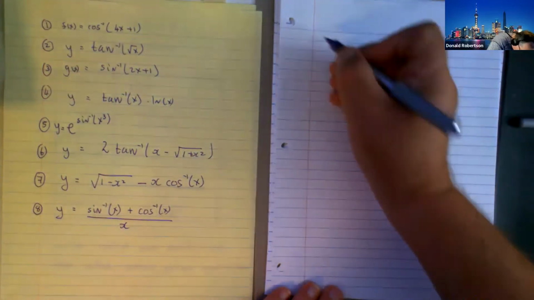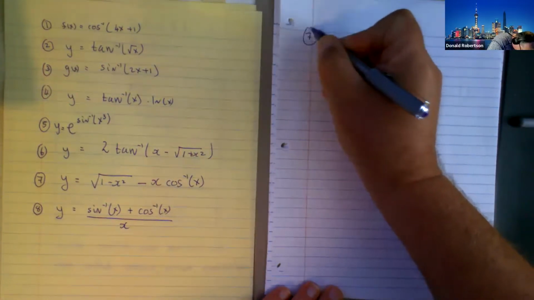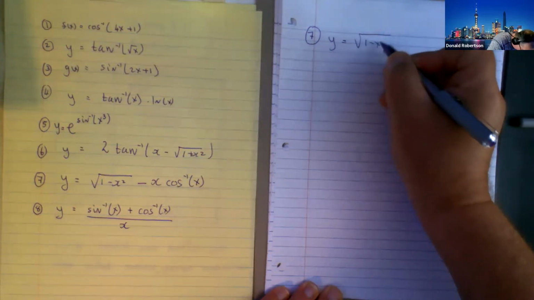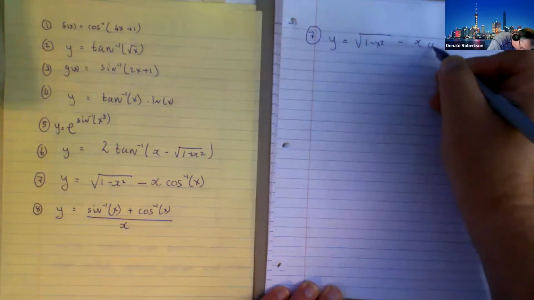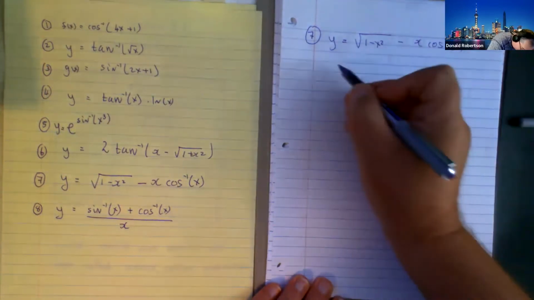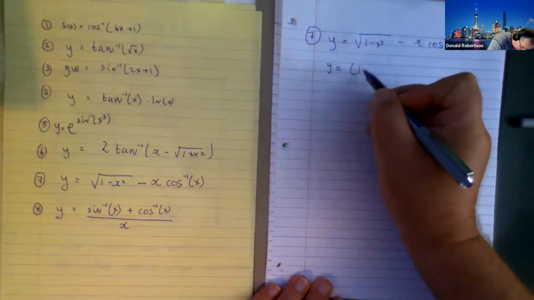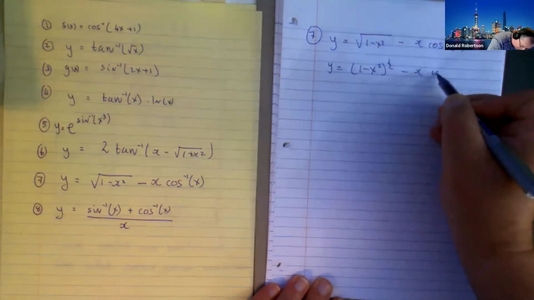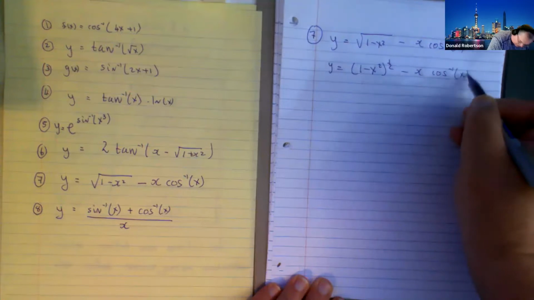Well, just 2 more of these to do. I know I'm going to differentiate that. So I'm just going to rewrite it in a format that's going to help me to do that.